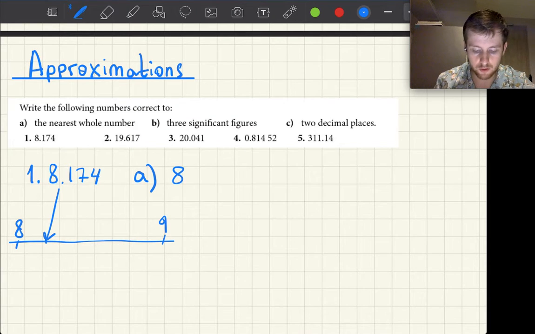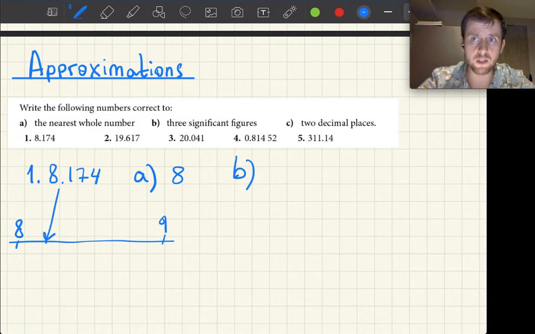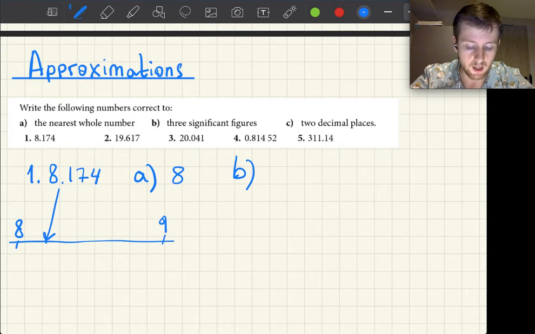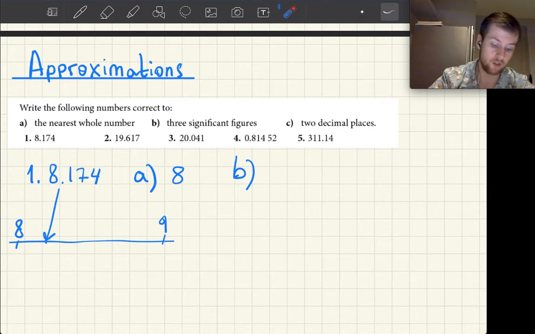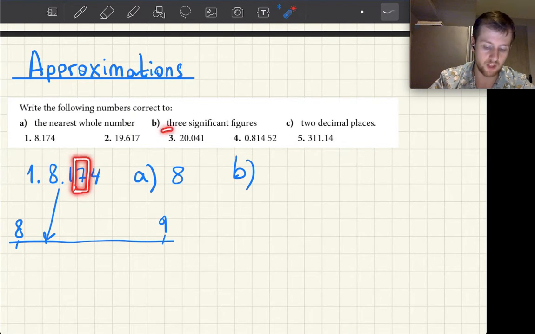Three significant figures. Significant figures are any figures in a number which are not zeros on the left. When we get to number 4, I will explain more about significant figures. For now, this is the first significant figure, that's the second one, and that's the third.